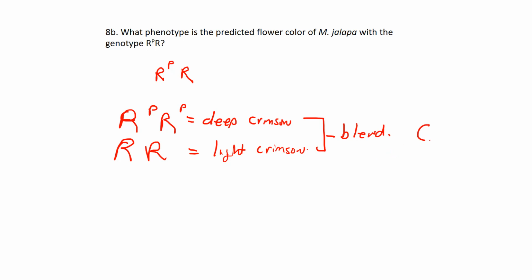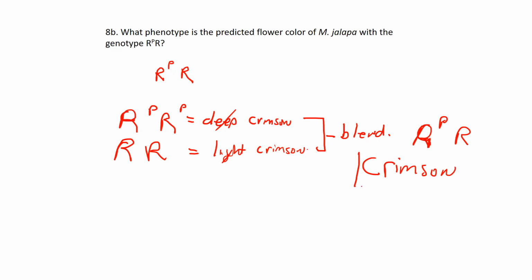So they're saying if I have the R with the P and an R, that would be the blending of the two. And if I had the blending of the two, we could see it'd be some kind of blend. That would probably eliminate these and you'd end up with just a crimson.